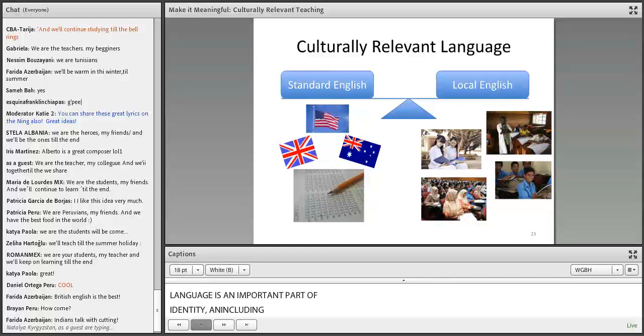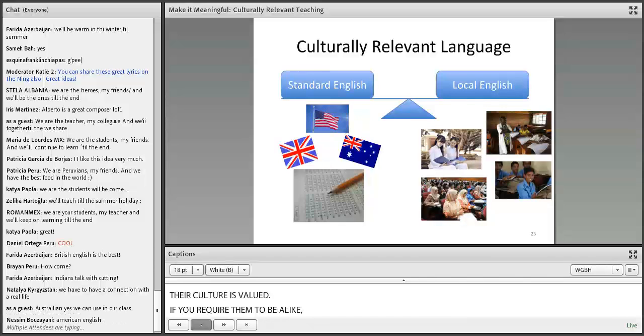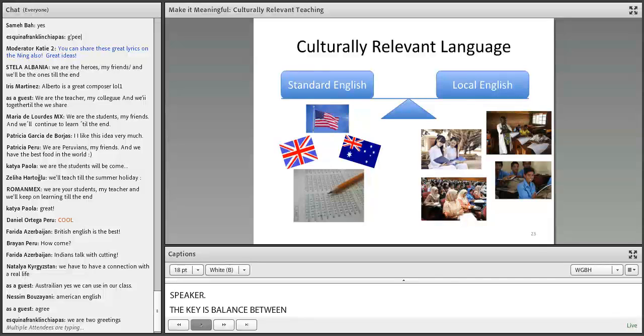If you overemphasize standard English, you're requiring all students to conform to a native speaker model. And that's really unfair because they'll never be able to become a native speaker. So the key here, again, is balance between standard English and local English. In many contexts, students will be required to show mastery of standard English on their exams.